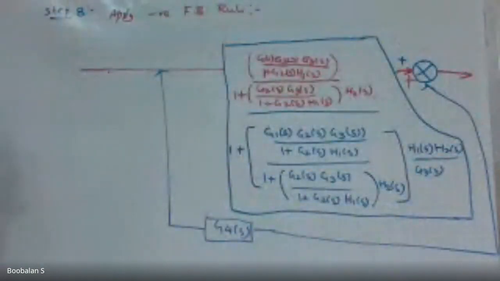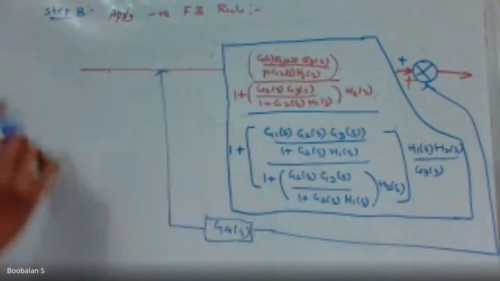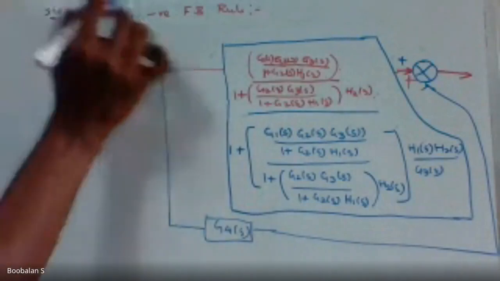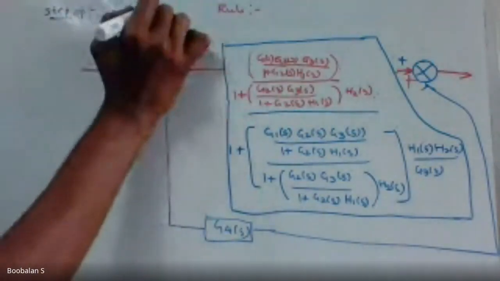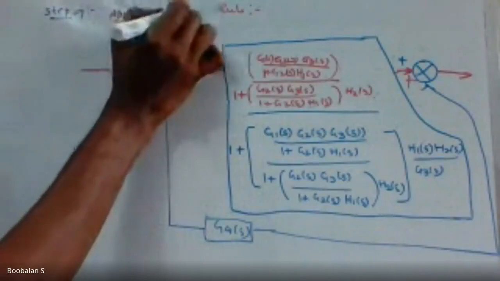Finally, so apply step number 9, apply parallel rule. 1 இங்க இருக்கு, don't forget. G4 மட்டும் main ஆ add பண்ண போறோம். G4 of this plus whole bracket.